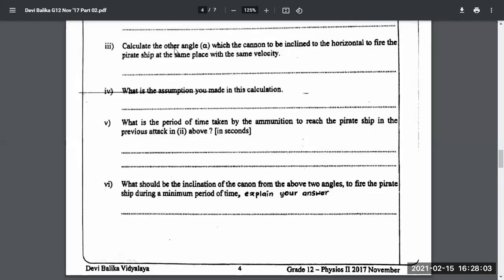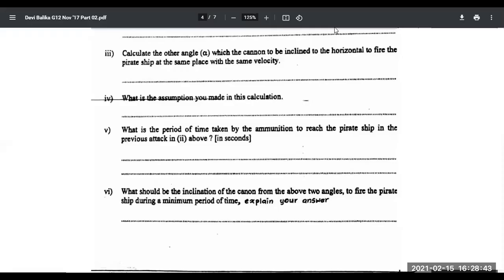Number 3. Calculate the angle alpha which the cannon has to be inclined to the horizontal to fire at the pirate ship at the same place with the same velocity. When it comes to projectile motion, you can reach the same horizontal range using the same speed but two different angles, one like this and the other one like this.